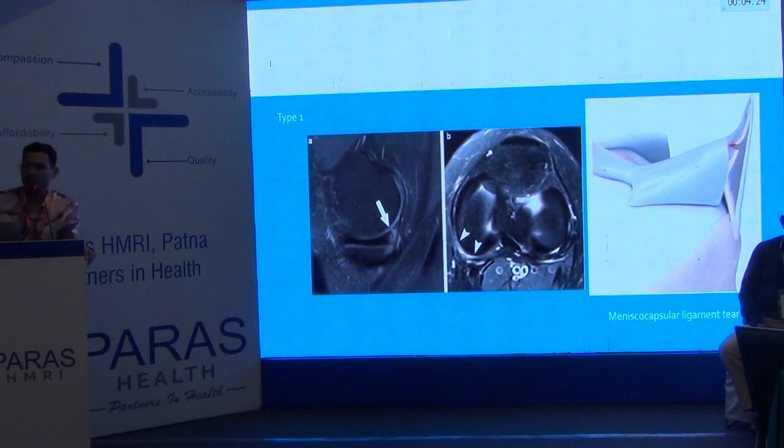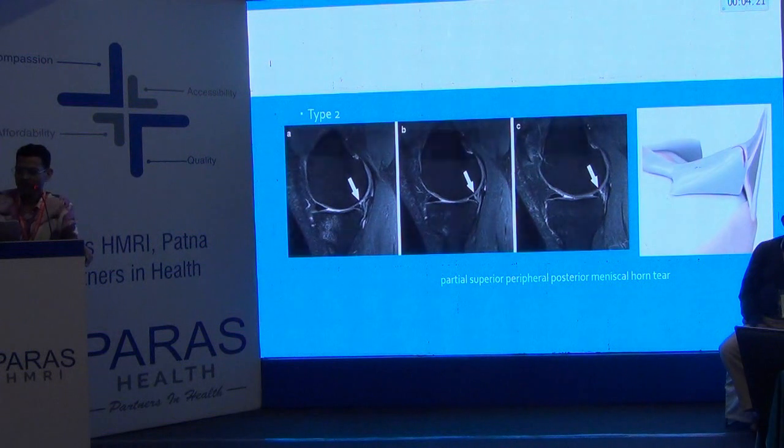This is type 1, where the meniscocapsular ligament tear is seen. The next one is the partial superior peripheral posterior meniscal tear. The whole term describes itself, it's the anatomical location and the type of tear.